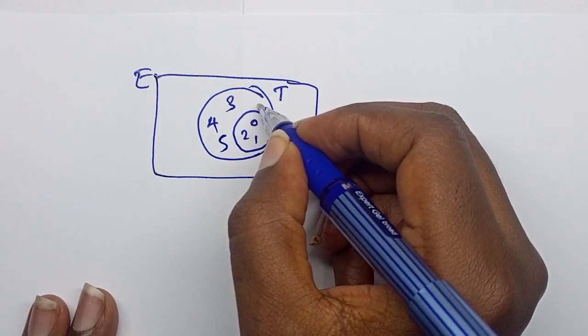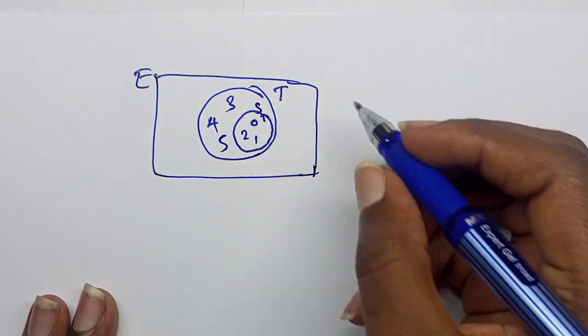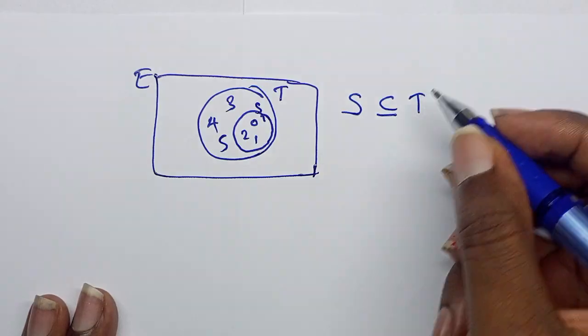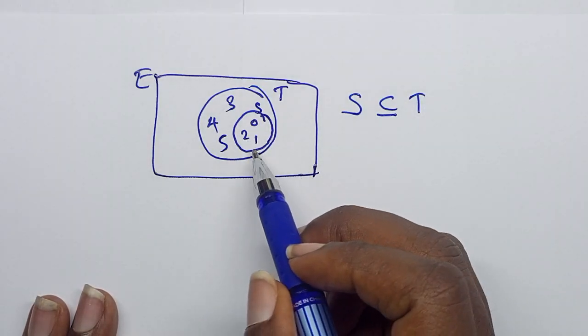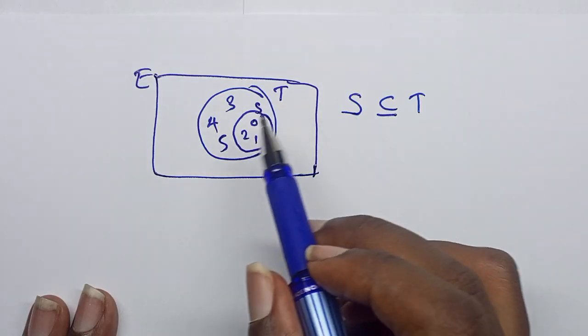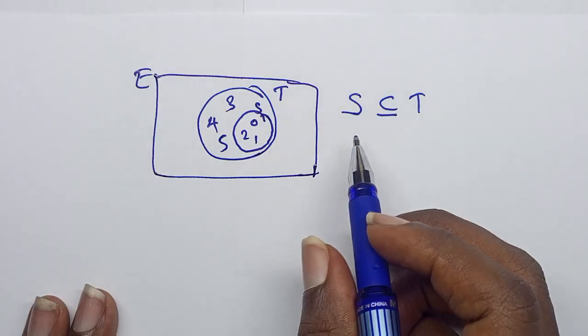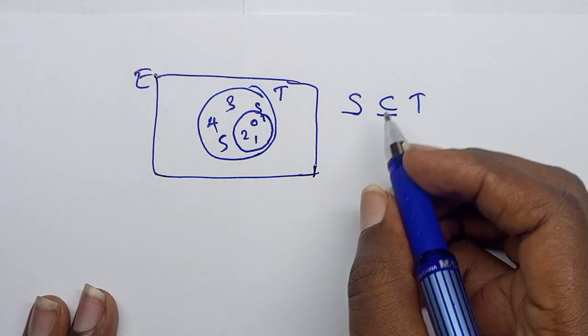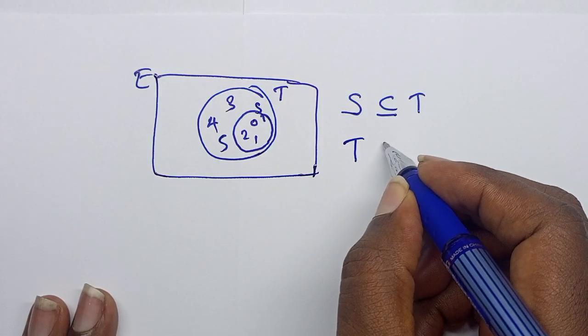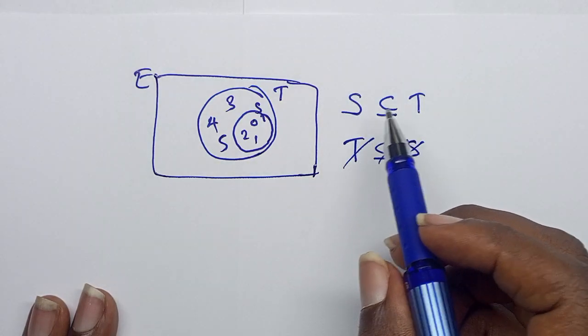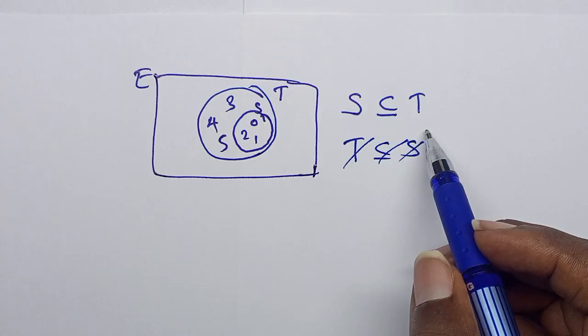So this set is, let's say, S. So here, set S is a subset of set T because all elements of S are also elements of T, whereas not all elements of T are elements of S. So S is a subset of T. You cannot change it around and say T is a subset of S. This is totally wrong.